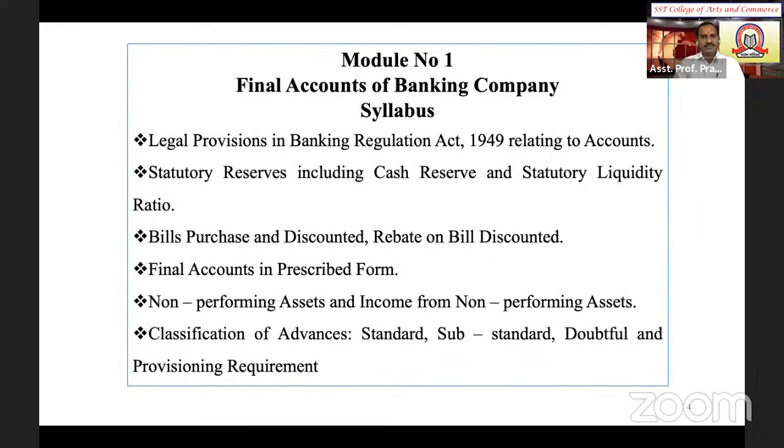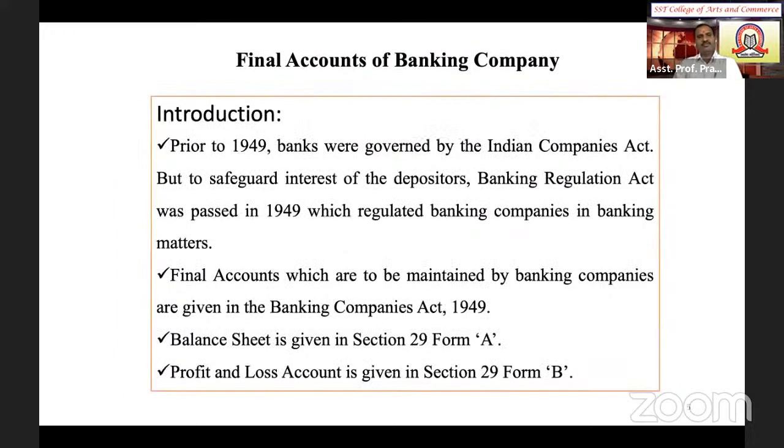In module number 1, final accounts of banking company, we have to study the Banking Regulation Act, statutory reserve, cash reserve, how to calculate the provision for rebate on bills discounted, financial statements, final accounts in prescribed form, non-performing assets, and classification of assets and advances.